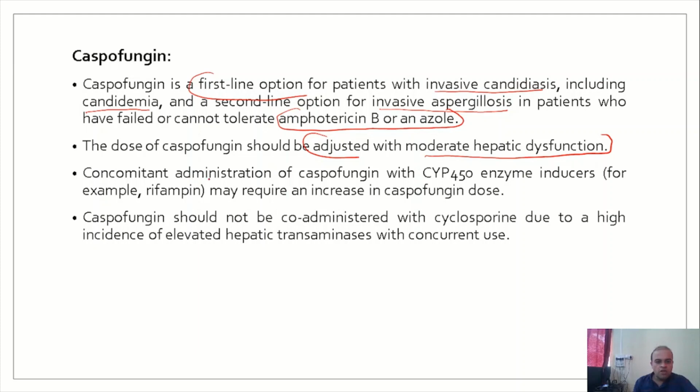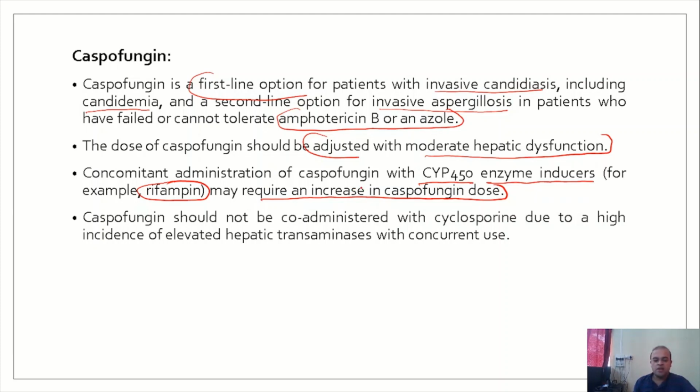The concomitant administration of caspofungin with a CYP450 enzyme inducer, an example of the inducer being rifampin, which is an anti-tubercular agent, may require an increase in caspofungin dose. Why is there an increased requirement of caspofungin dose?